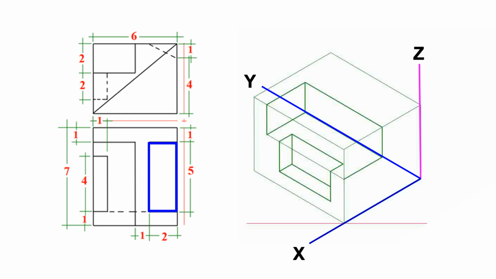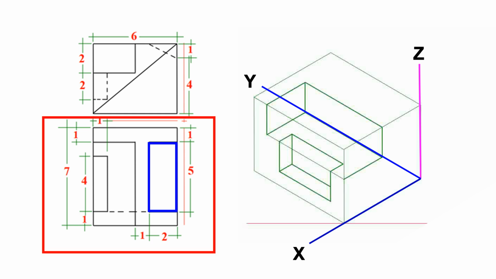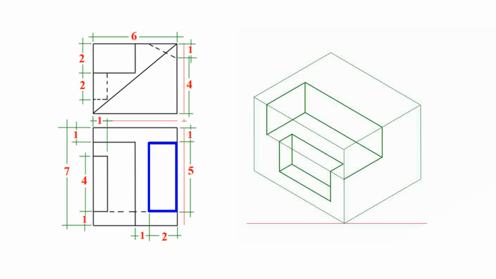Observe carefully. When we look at this feature from the top view, we see its shape. But when we look at it from the front view, something interesting happens. We notice that it is not a simple straight edge. It is inclined.